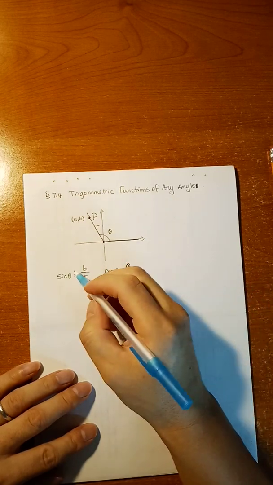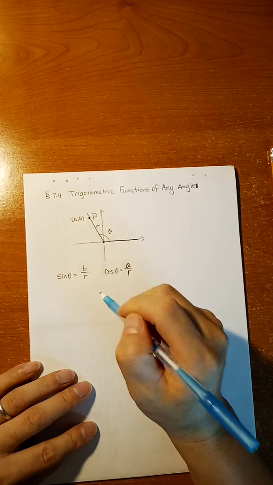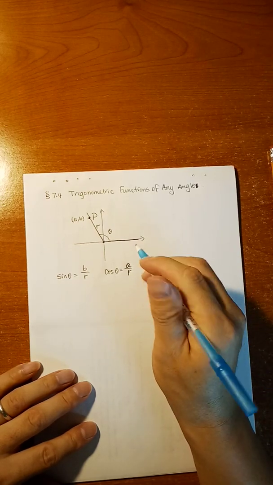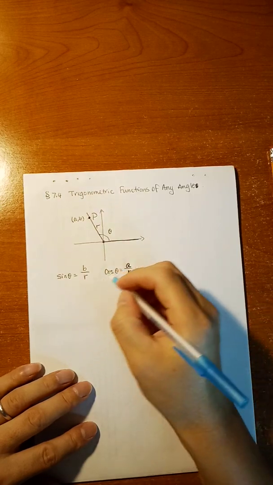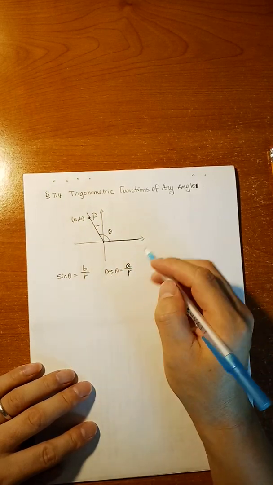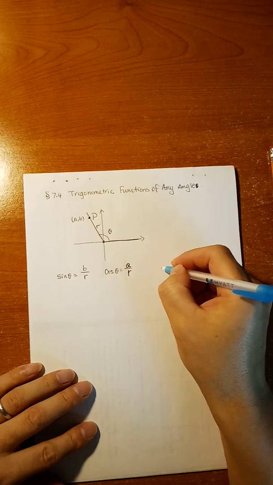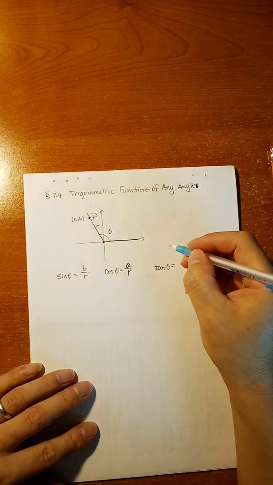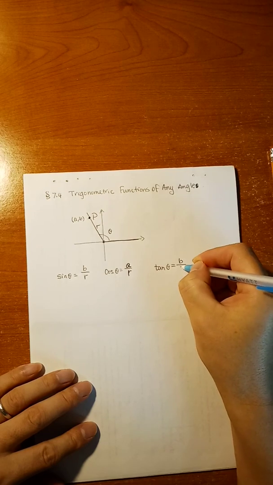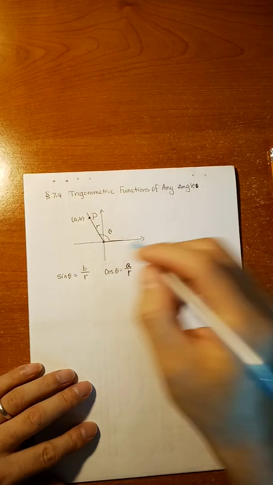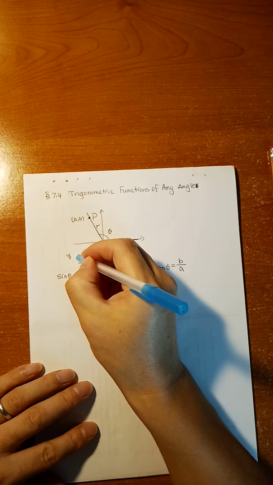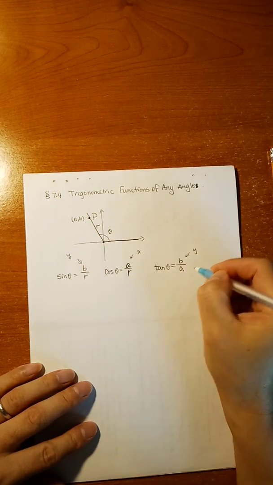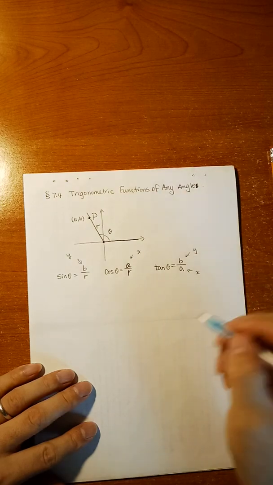So sine is related to y, cosine is related to x. And remember that sine and cosine have a ratio, which is the tangent. So tangent of theta is defined to be the y coordinate over the x coordinate. So this is y, and this is x. This is y over x.